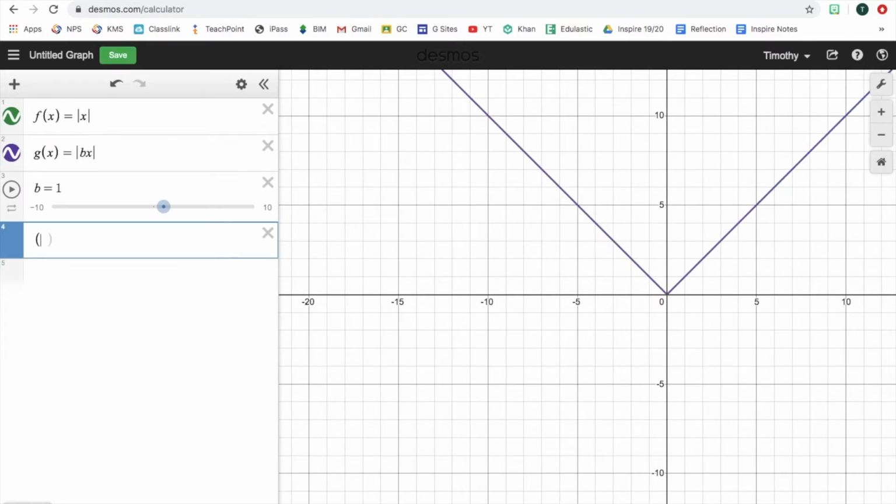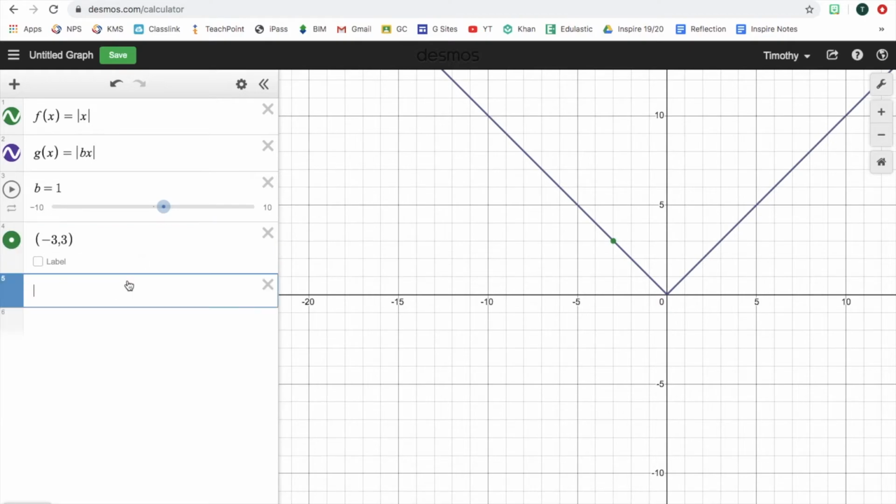If I increase b to 3, this is the reverse part. Instead of multiplying by 3, I'm actually going to divide by 3, or multiply by the reciprocal of 3, which is 1/3. So my new point is going to be (-1, 3).